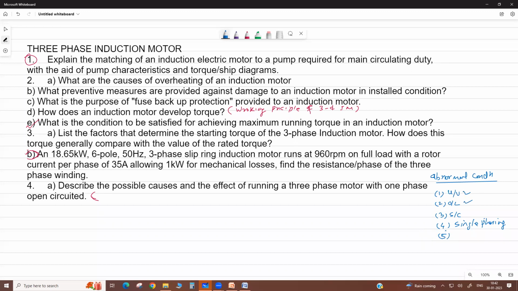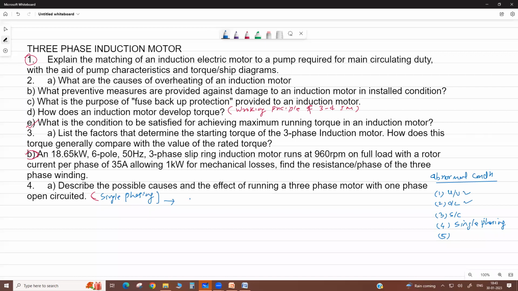Now here they ask about single phasing. We provide protection in large motors to prevent this single phasing.